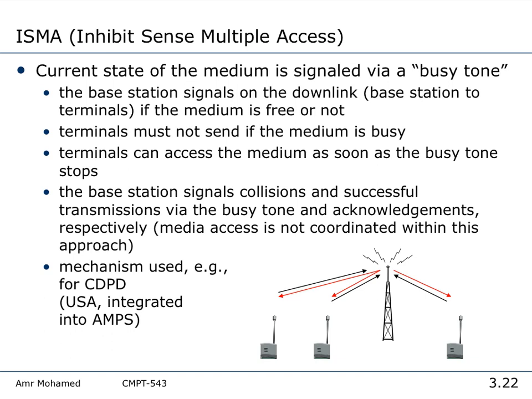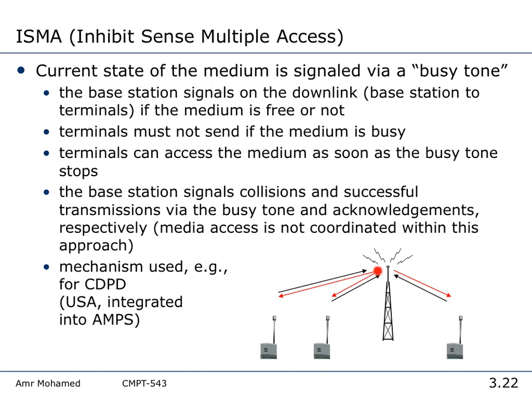Okay? If it's not there, then any node that has data can send at any point in time, which means that we will use Aloha kind of transmission if the busy tone signal is not there. So this ISMA mechanism will allow the nodes to use Aloha to access the channel. Okay?